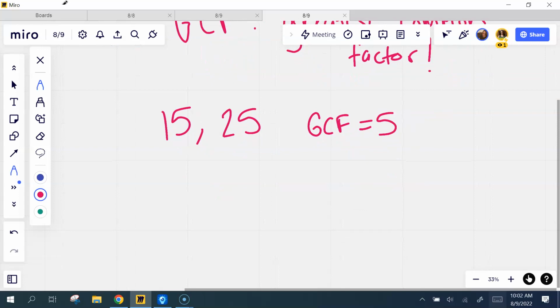Okay, then let me make it a little bit harder. 3x, right? I can take a 3x out of both of those. I can divide them both by 3x and have no remainder.